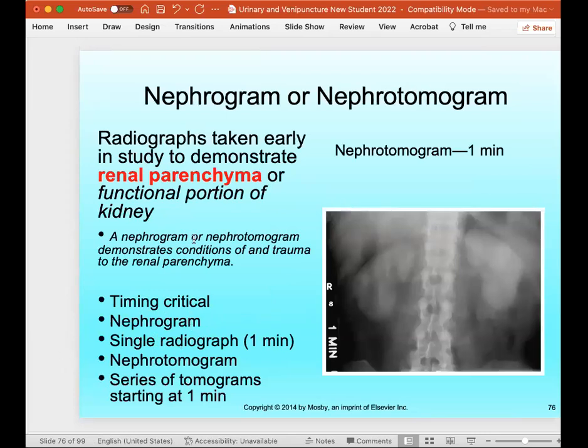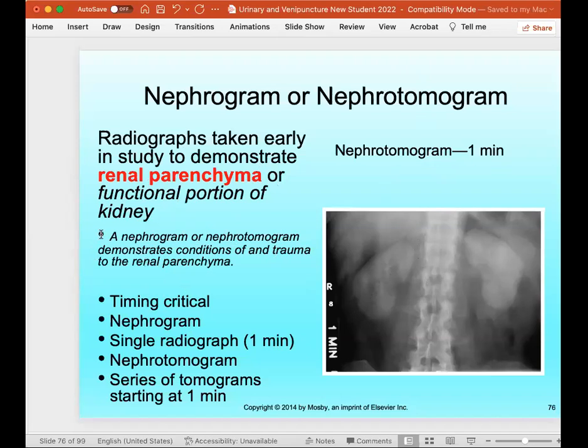Now we're going to talk about the nephrotomogram, which is really important. Again, that's the 1 minute radiograph. So what are we assessing on this 1 minute nephrotomogram? It's going to demonstrate the renal parenchyma, which is this nice blushing here, the functional portion of the kidney.